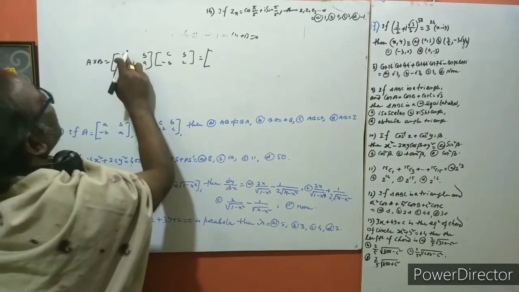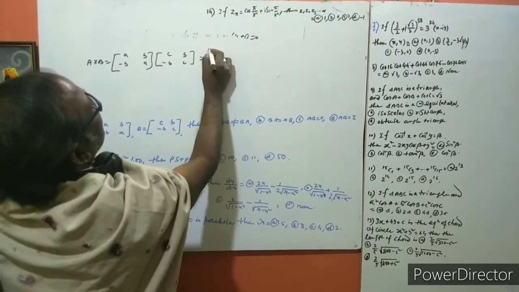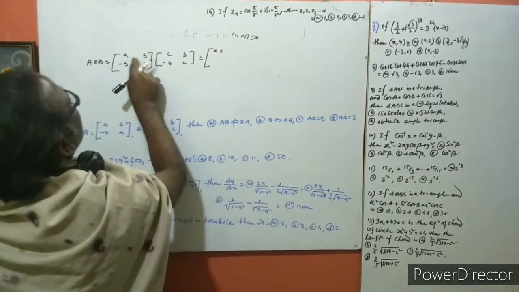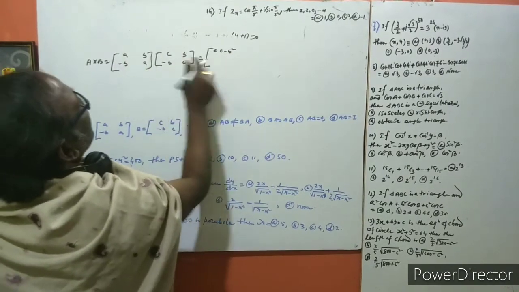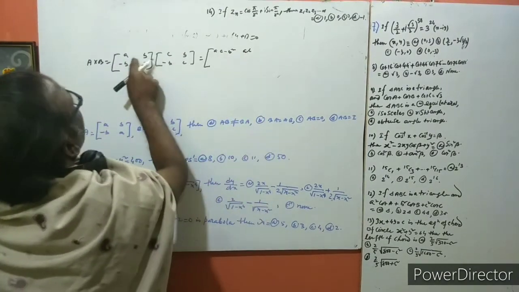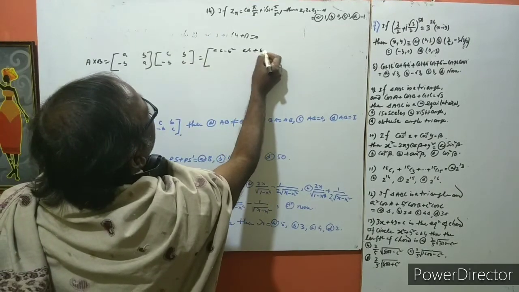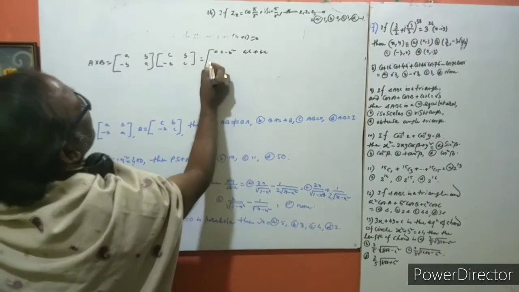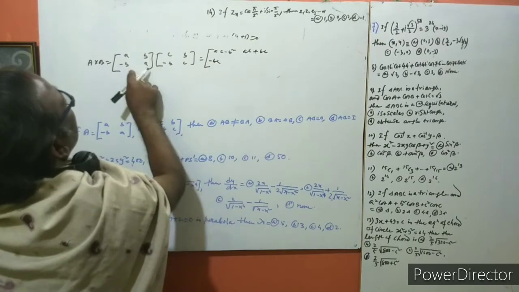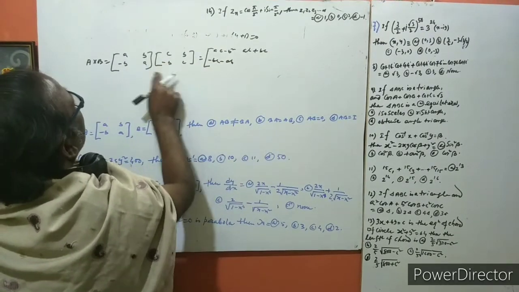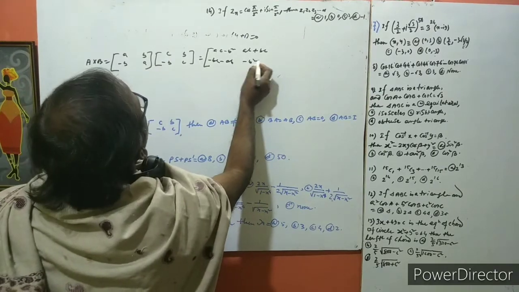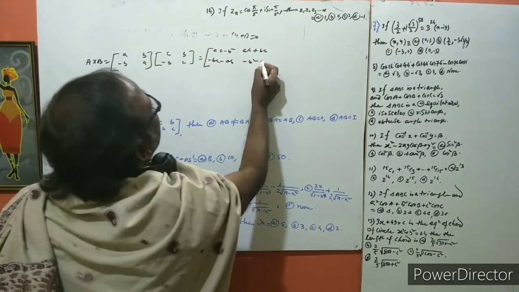Then we get here AC, this is here AC and minus B square. Again AB and plus BC. Again minus BC, minus AB. Again minus B square plus AC.